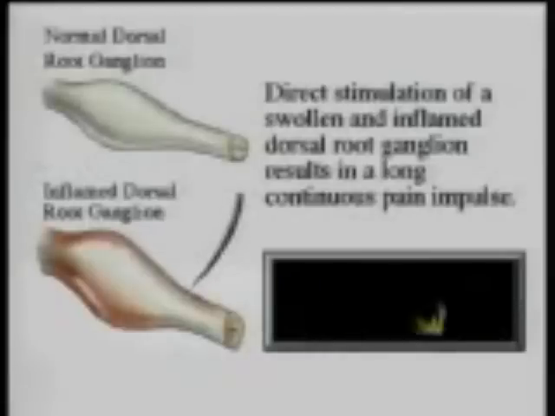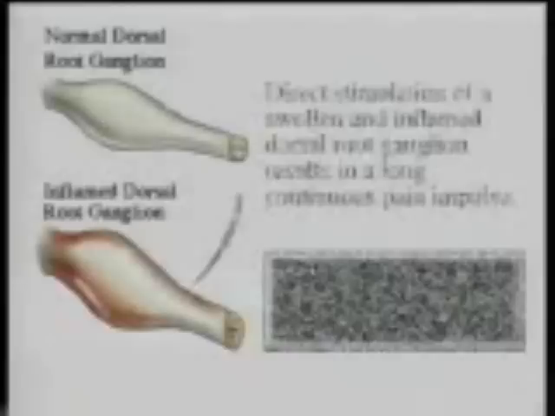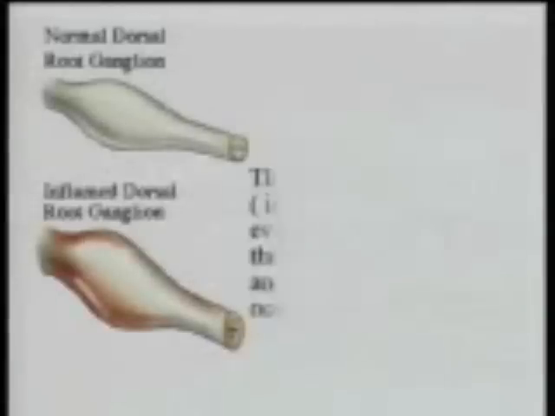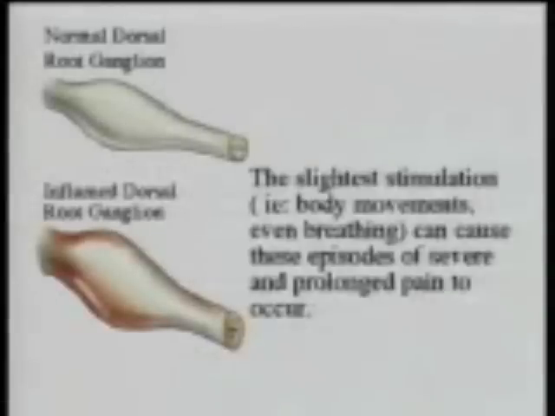Inflamed dorsal root ganglia are so hypersensitive that even body movements, such as breathing, can elicit a continuing train of impulses to the brain. We will now observe actual operative photographs of the various stages of adhesive arachnoiditis.